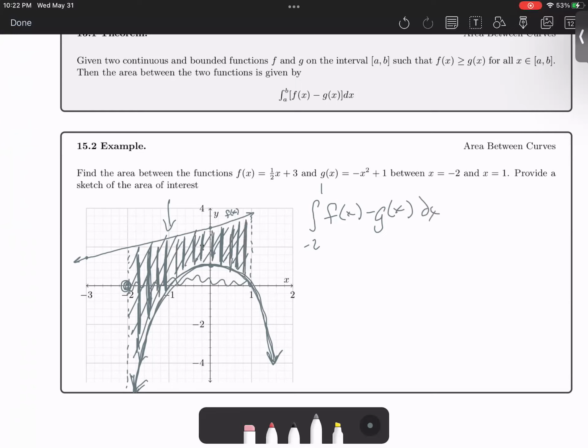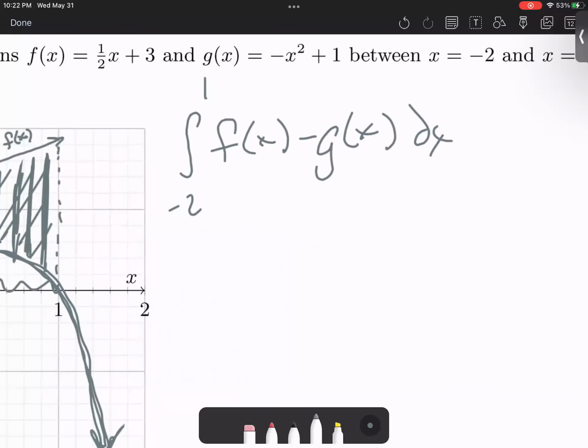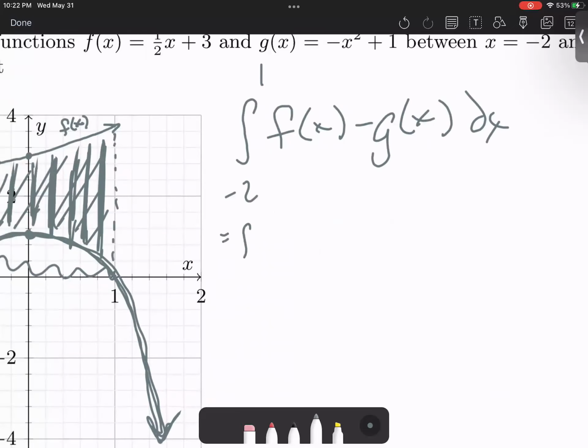Okay, so let's just go through this. This is the integral from -2 to 1. F of x is 1/2 x plus 3. I need to subtract g of x. All right, so remember, wrap g of x in parentheses because you want to subtract off the entire g of x.